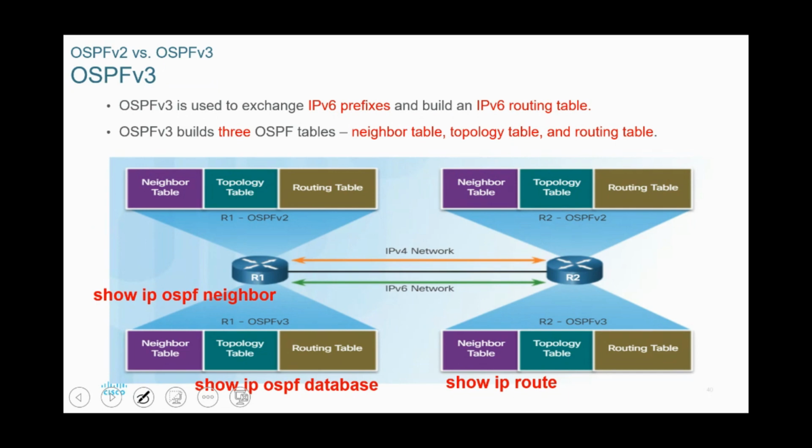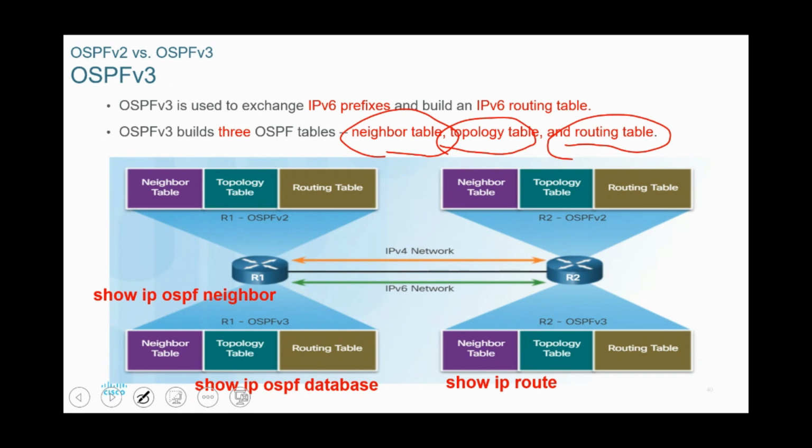OSPFv3 is used to exchange IPv6 prefixes and build an IPv6 routing table. So it builds 3 OSPF tables, which are the neighbor table, the topology table, and the routing table. You can use show ip ospf neighbor, show ip ospf database, and show ip route to show all these results.